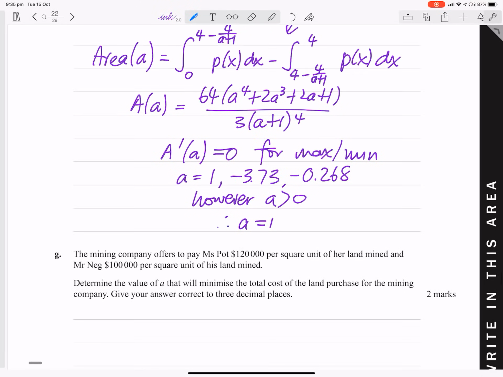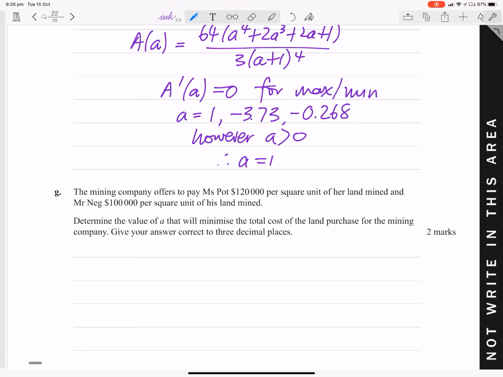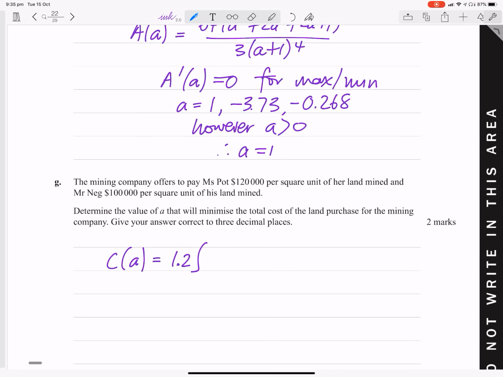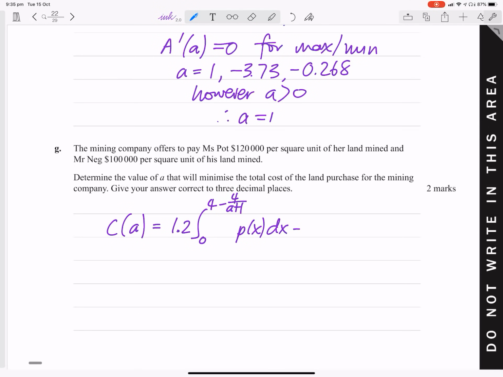So we could say the cost in terms of A is 1.2 times the integral from 0 to 4 minus 4 on A plus 1, P of x dx, minus the integral from 4 minus 4 on A plus 1 to 4 of P of x dx.